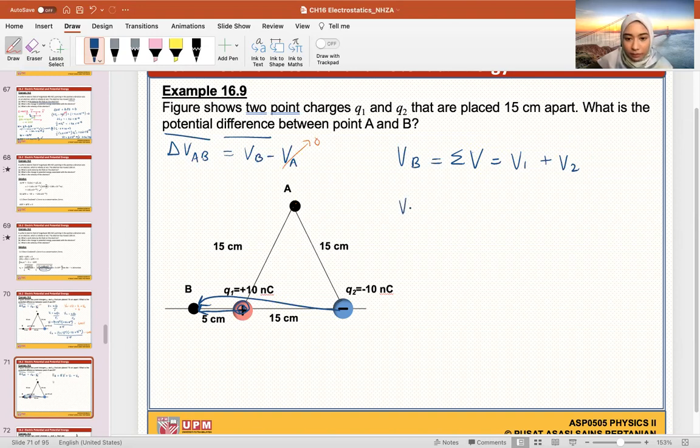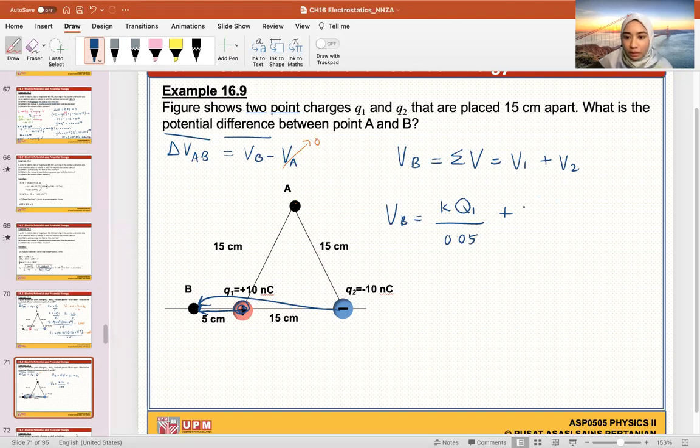Okay, so let's calculate V1. Remember the equation is KQ1 over the distance between the point and the charge we are talking about, so this is 0.05. Let's just add directly. So this is VB, equal to that plus V2. What is the potential felt by B from Q2?